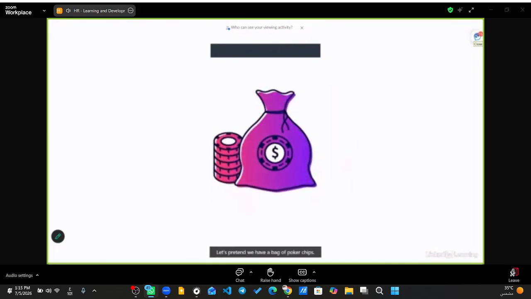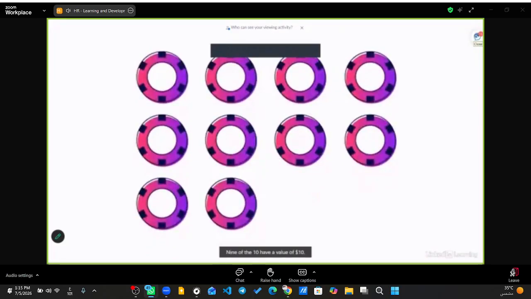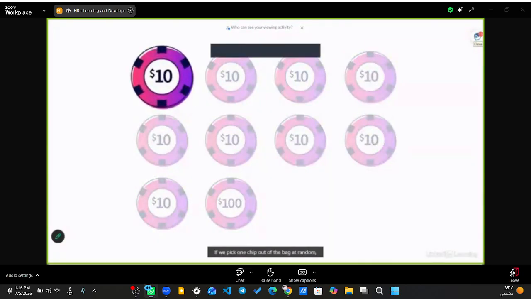Think about it this way. Let's pretend we have a bag of poker chips. There are 10 poker chips in the bag. 9 of the 10 have a value of $10, while the last one has a value of $100. If we pick one chip out of the bag at random, what are we going to get? Most likely a $10 chip, right?